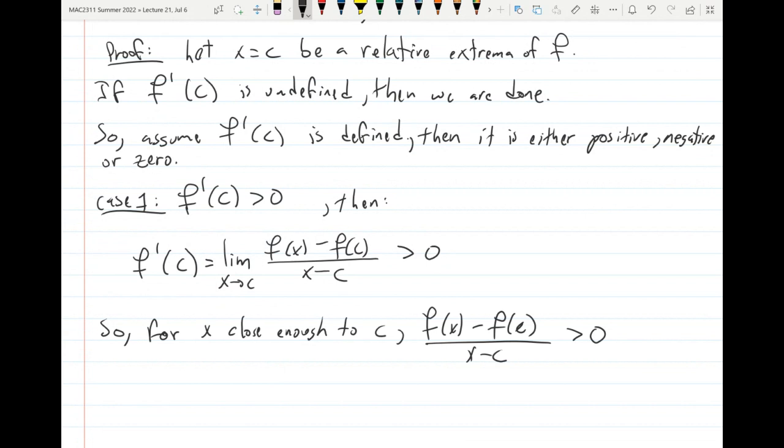Remember, this means that this function, whatever it is, is getting close to some positive number when x is close to c. To get close to something positive, eventually you have to be positive itself. Okay? Otherwise, if you are always negative, how can you get close to something positive? You need to go to 0 at some point. Because if it's differentiable, it has to be continuous, so there's no jumping, nothing weird happening. Does that make sense? Yes.